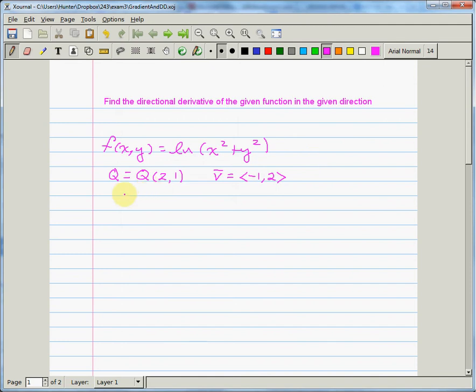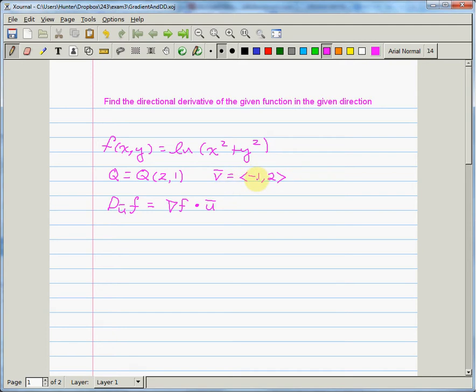So you need to know or be prepared to rederive the formula for the directional derivative. And so the easiest way to remember it is that it's the dot product of the gradient and direction vector. So this vector that we're given, it has like all vectors, it has a direction and a magnitude.